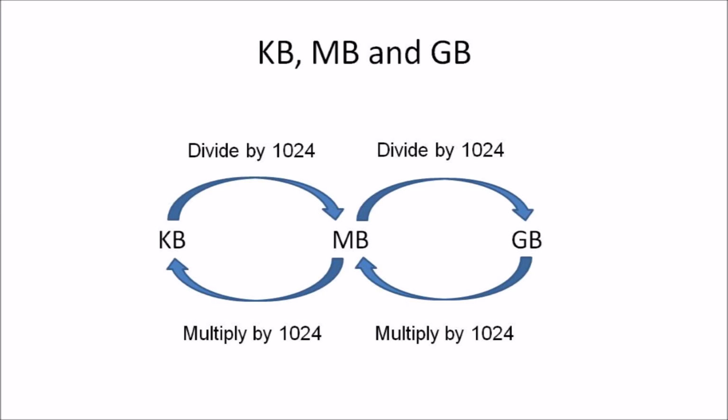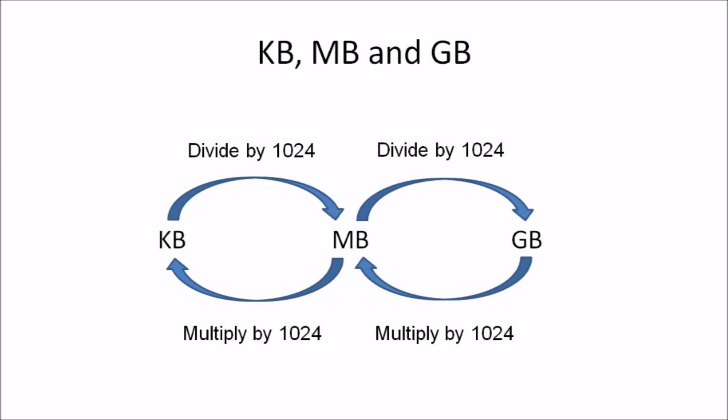If I'm converting from a smaller unit to a larger unit, I will always have to divide. And the conversion factor that you use to convert between these three units of measurement is 1024.